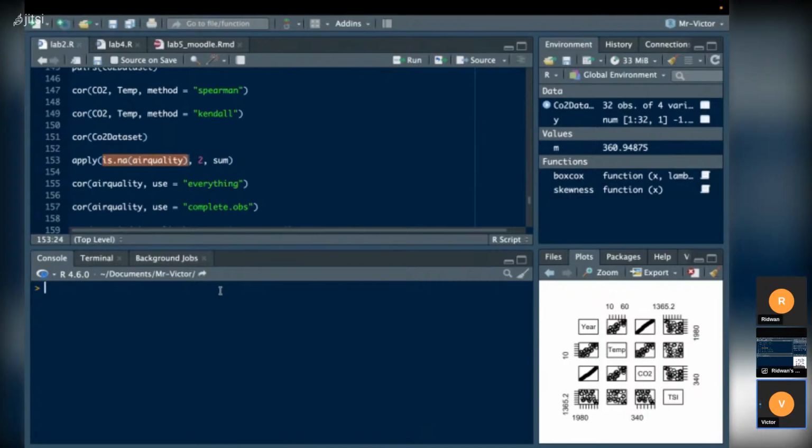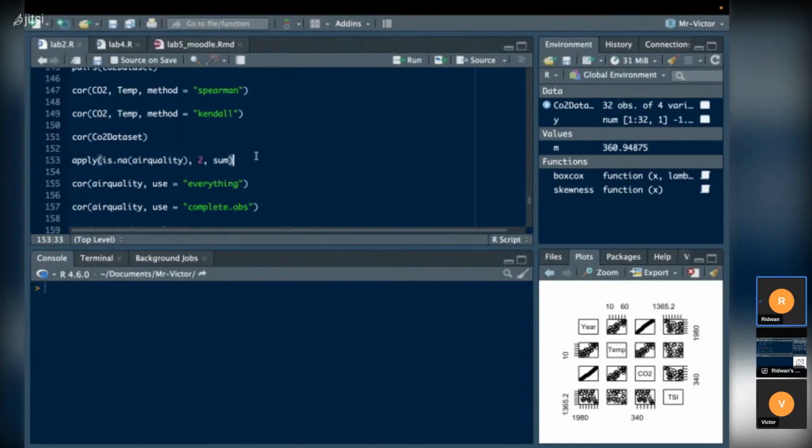I told you I use apply when you want to apply a function on columns of a data frame or rows of a data frame, and it takes 2 values, 1 or 2. So what is 2 for? 2 is for column. Exactly. When you want to apply, the third thing will be your function.